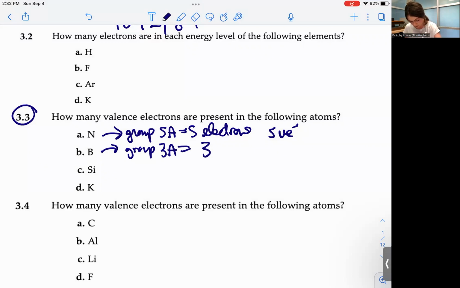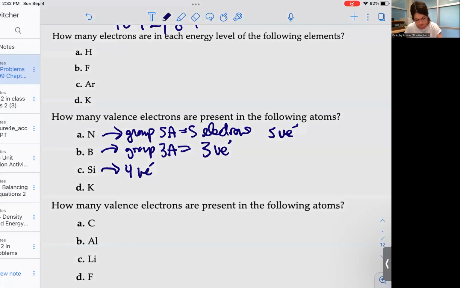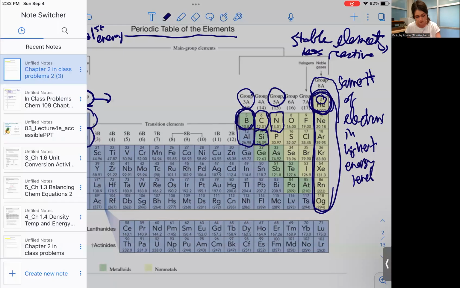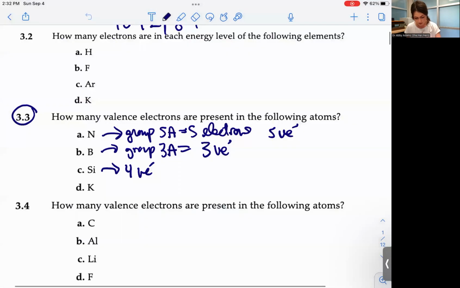That's going to be 3 valence electrons. Okay, silicon. That is going to be 4, group 4A. So that's going to be 4 valence electrons. Let's see. Silicon. Yep, silicon, group 4A.